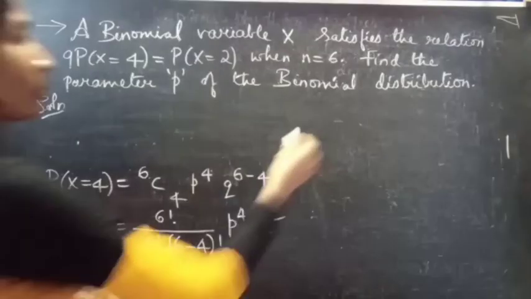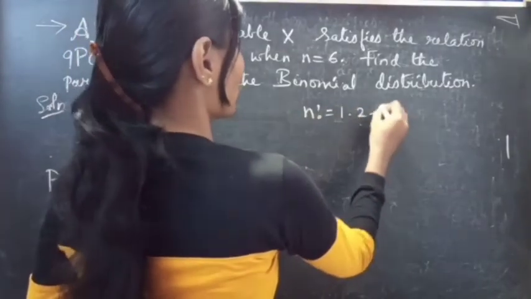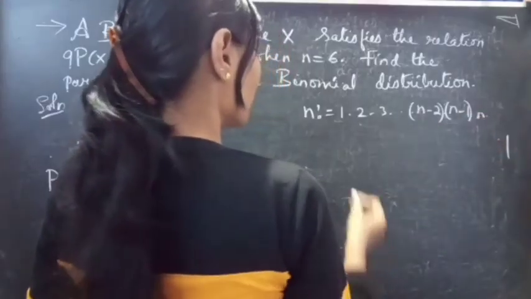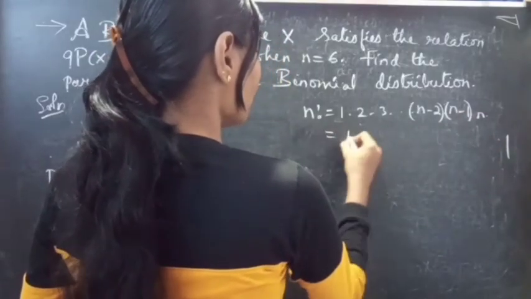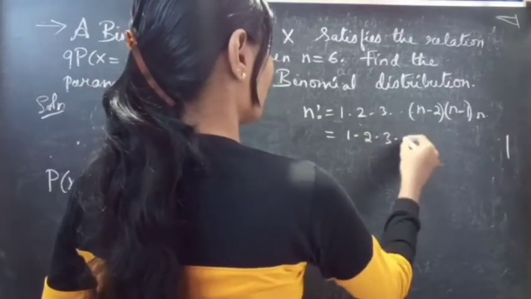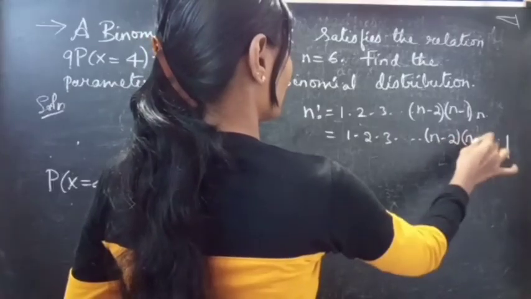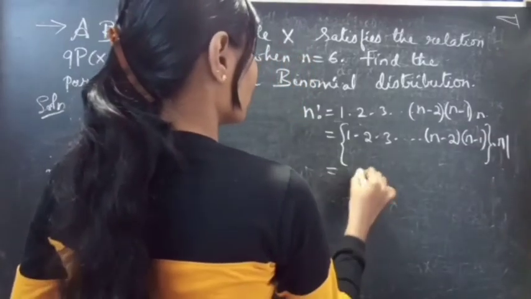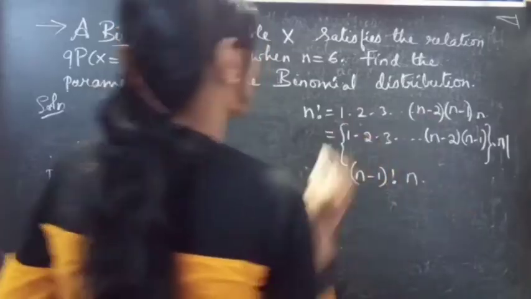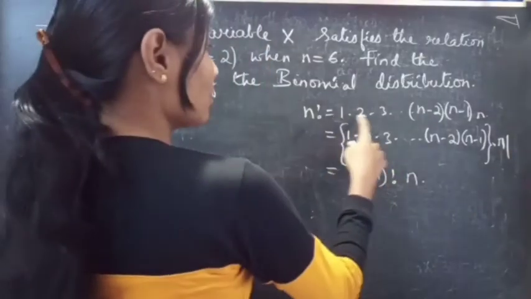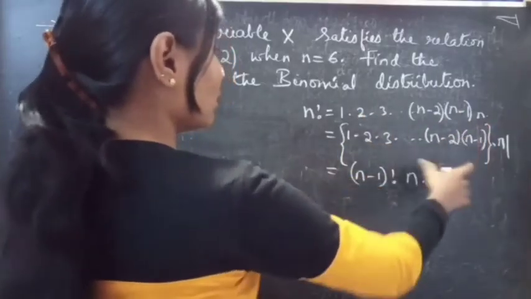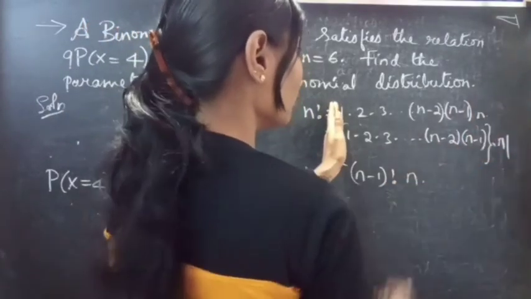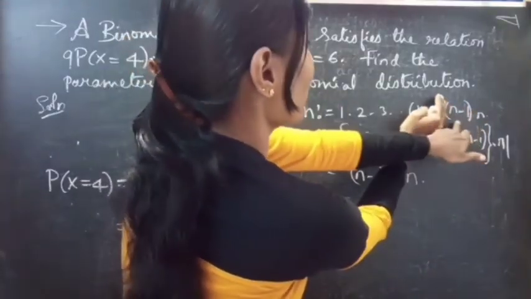Since we know that n factorial equals 1 into 2 into 3 into so on into n minus 2 into n minus 1 into n, then you could write this whole formula as n minus 1 factorial into n, or n minus 2 factorial into n minus 1 into n.